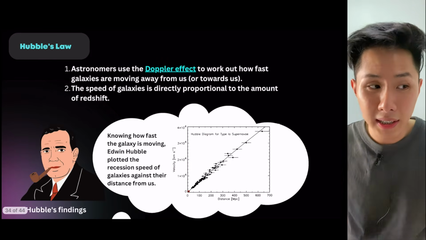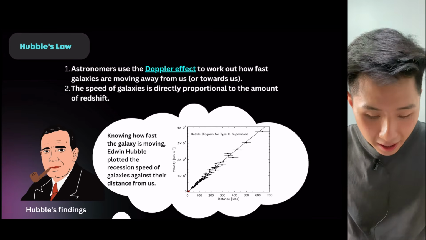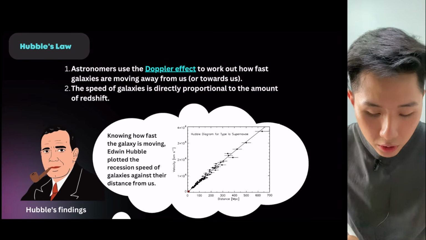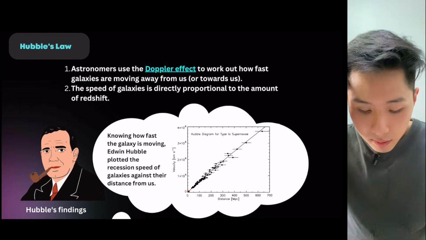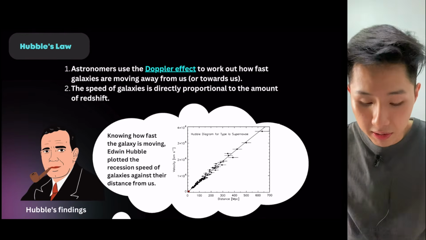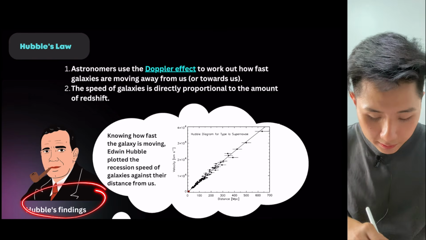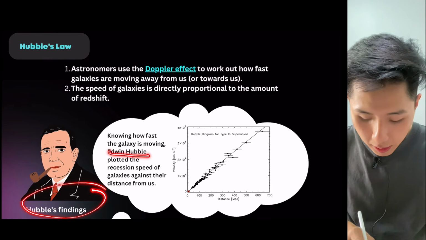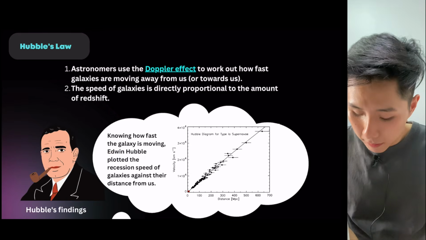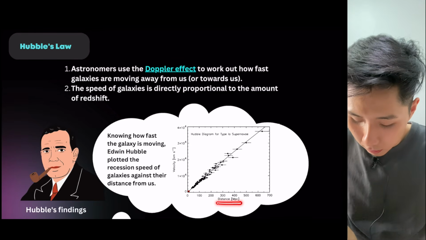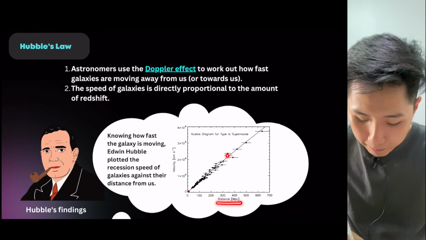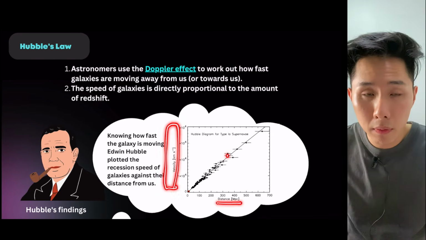In order to calculate the exact figure, there's another scientist who used the Doppler effect to show how old the universe is. Let's look into it. What Edwin Hubble did is that he plotted the distance of a planet against the speed at which it is moving away from us.